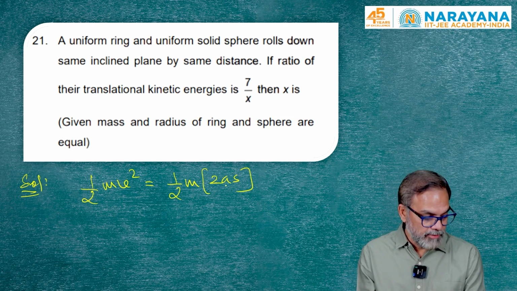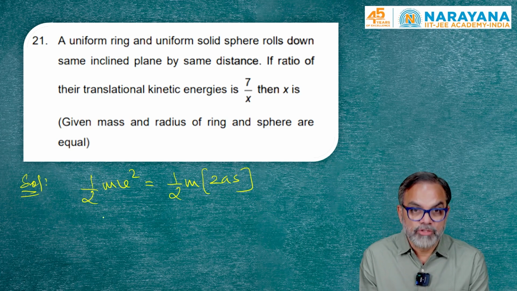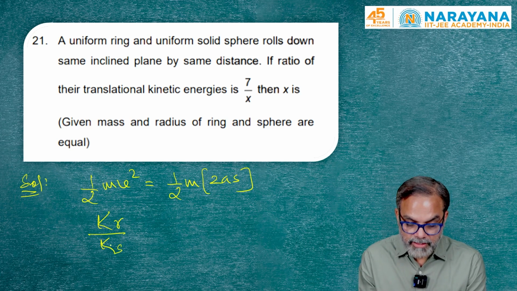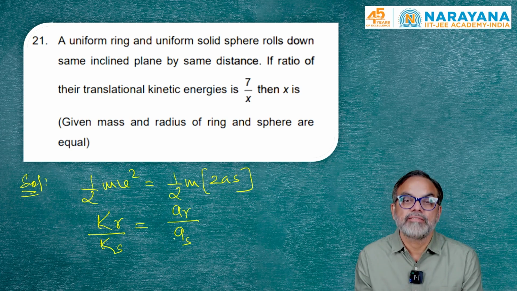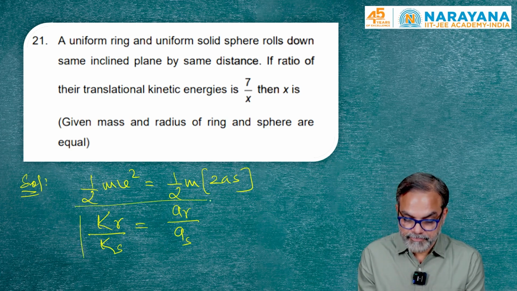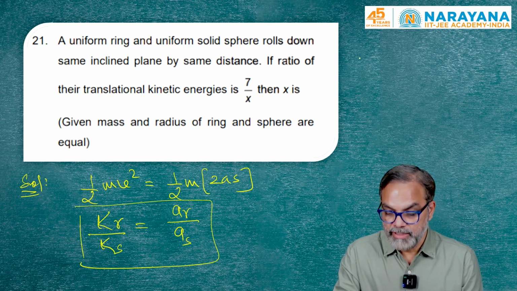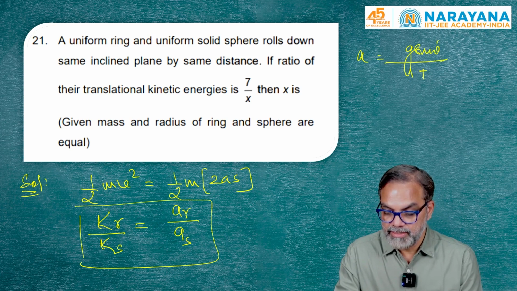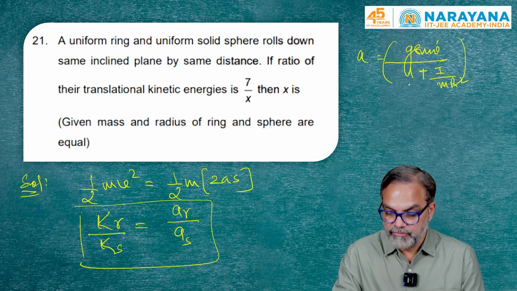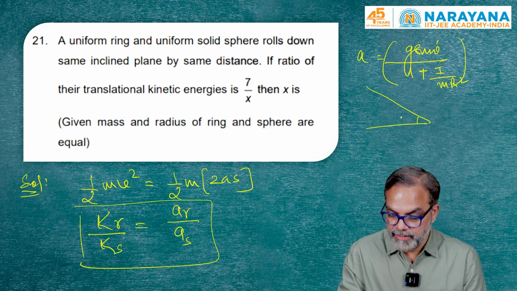So we are given the ratio of kinetic energies. It amounts to the ratio of kinetic energy of a ring over a solid sphere. And all of us know that there is a general expression g sine theta into 1 plus moment of inertia over mr square for any body rolling down an inclined plane.